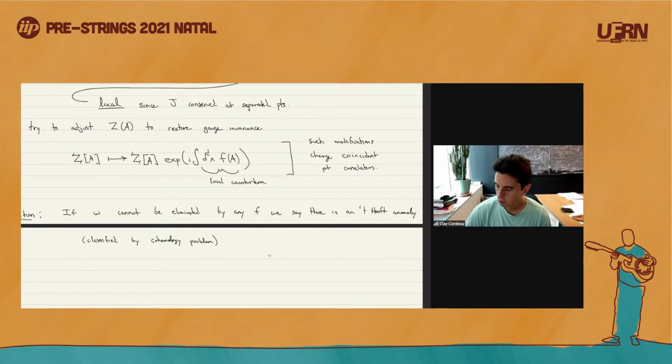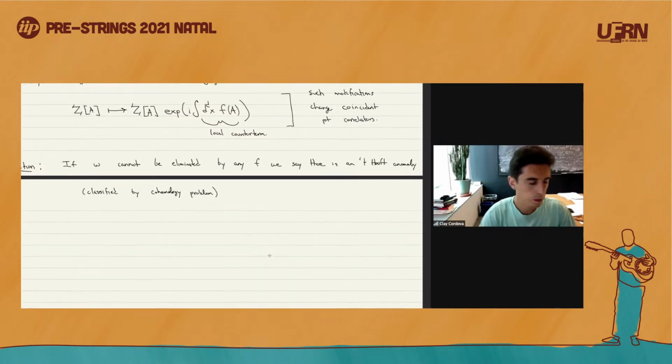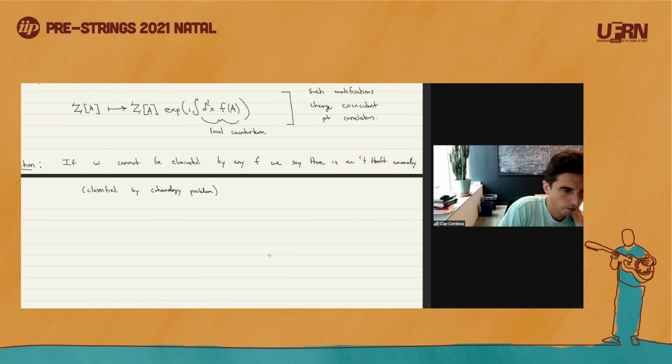So of course, there are many examples of this. The most basic example that everybody is familiar with is the triangle anomaly.